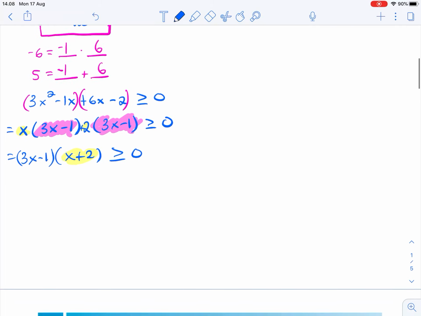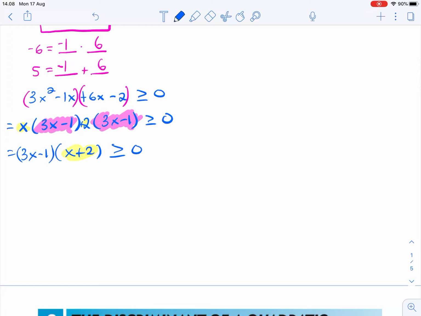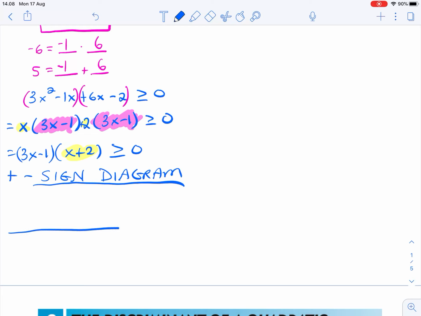And now, this is something that is new, so make sure you take special note of this. This is a sign diagram. A sign diagram means that we're looking at plus and minus. So I'm going to draw a horizontal number line and put numbers in.